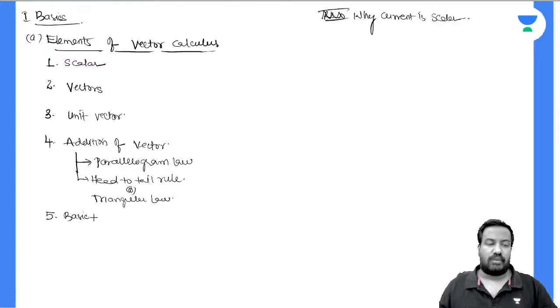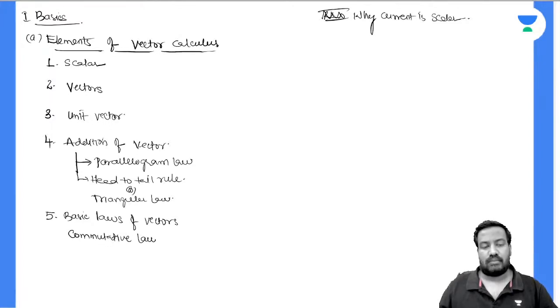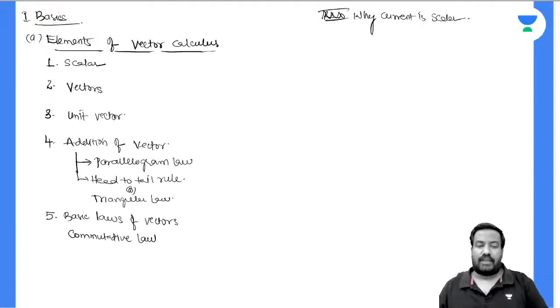Then we had gone through basic laws of vectors. What are the basic laws of vectors?